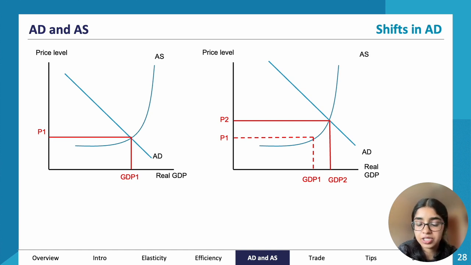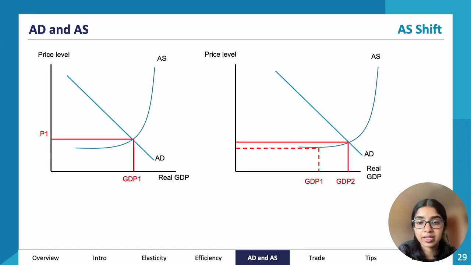Next, we can see that the GDP has increased, so there's an increase in the overall level of production as well. That suggests economic growth. So an increase in aggregate demand brings us closer to our productive capacity, and it also helps promote economic growth. It also causes inflation as well.